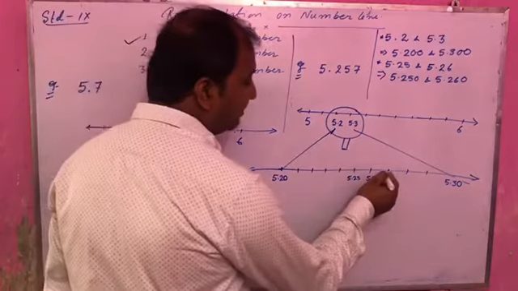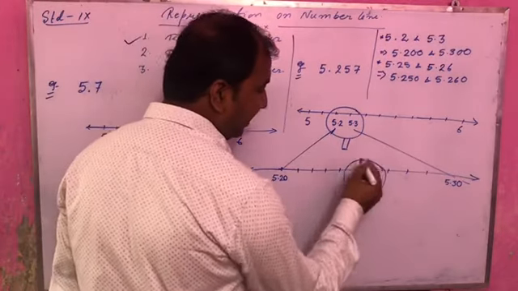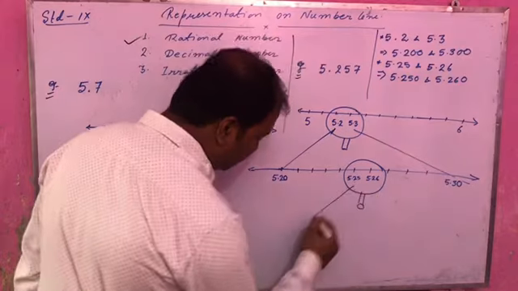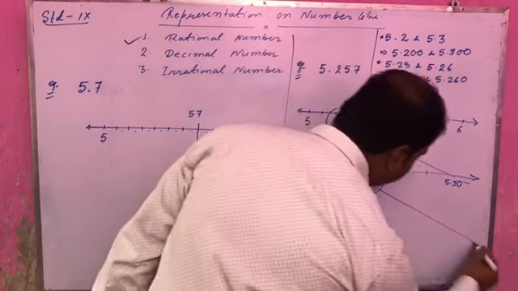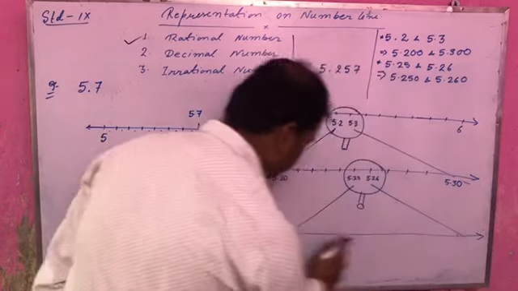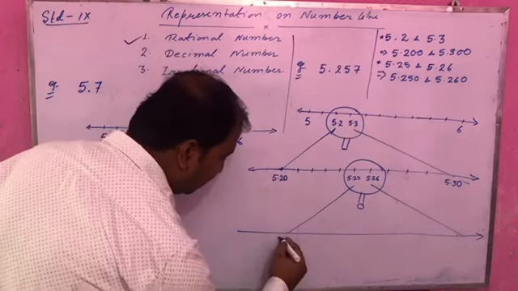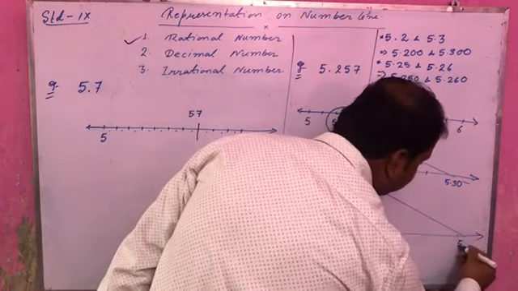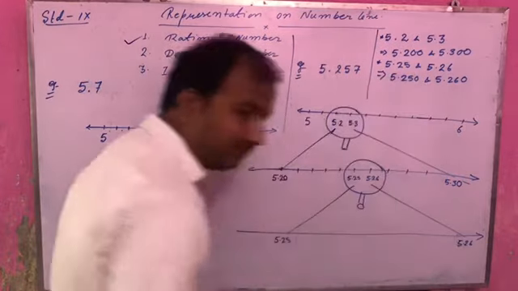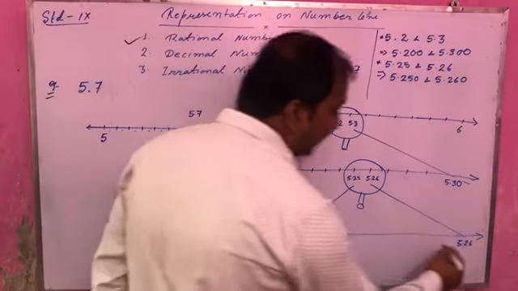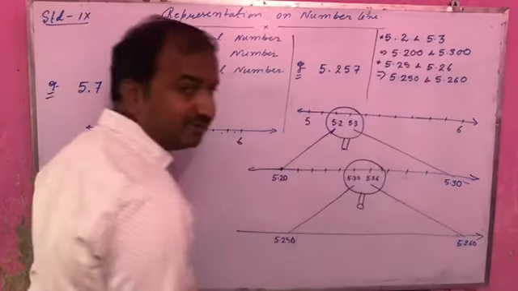Again it will be magnified. On that moment, here 5.25 and here 5.26. Make it like 250 and 260.